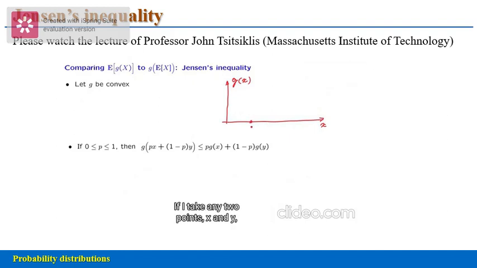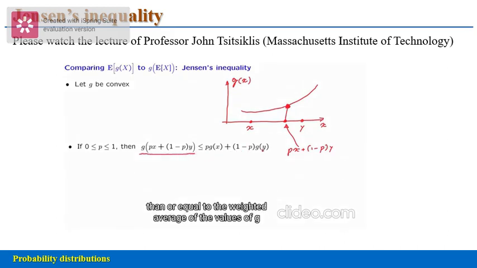If I take any 2 points x and y, and I take some number p between 0 and 1, then the number px plus (1 minus p)y is a weighted average of x and y, so it's somewhere in the middle. And if I look at the value of my function at that particular point, this value here corresponds to this.